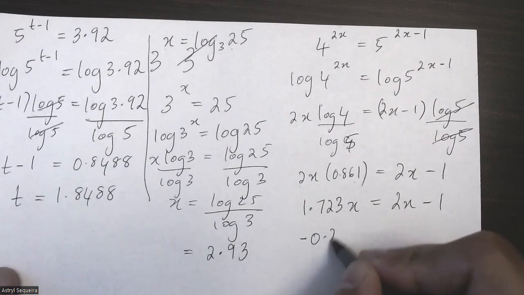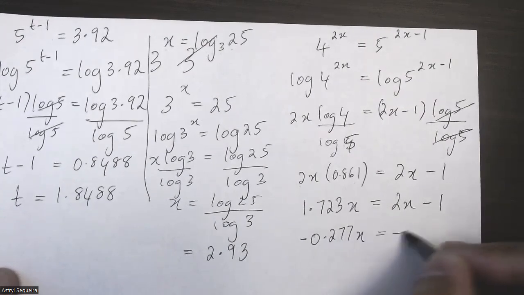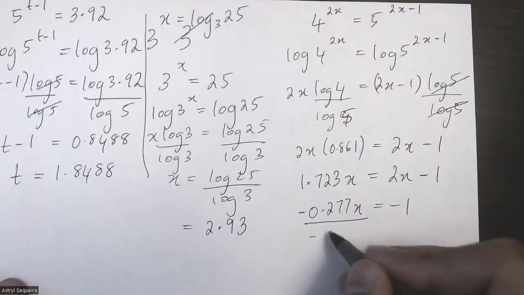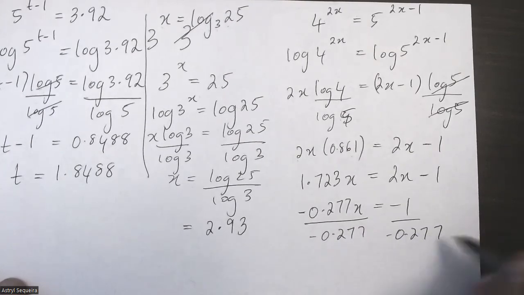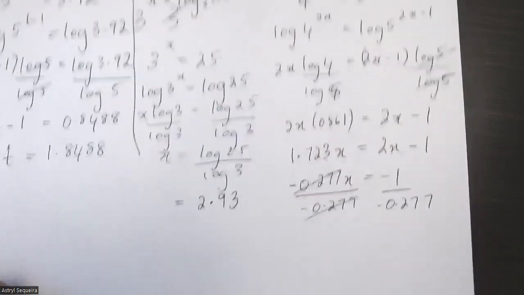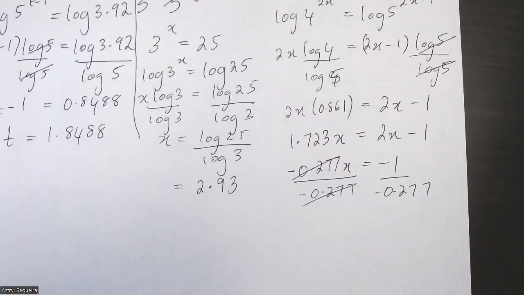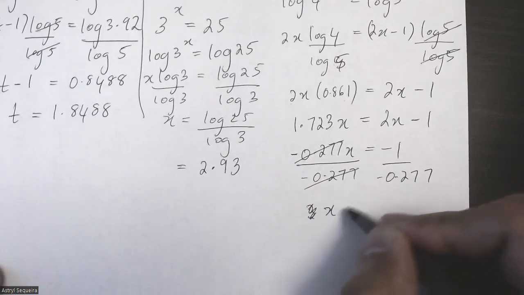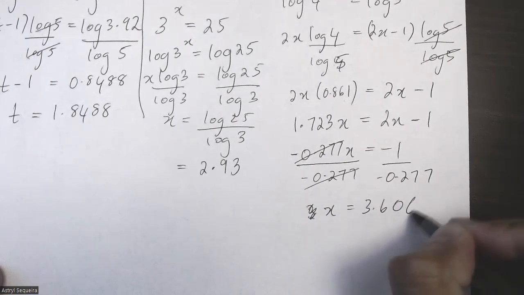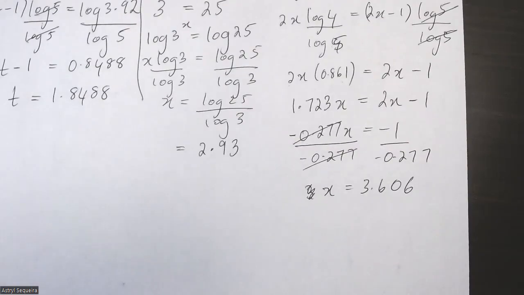Get negative 0.277x equals negative 1. Then just divide by negative 0.277 on both sides, and you get the final answer as 3.606 if you round to 3 decimal places.